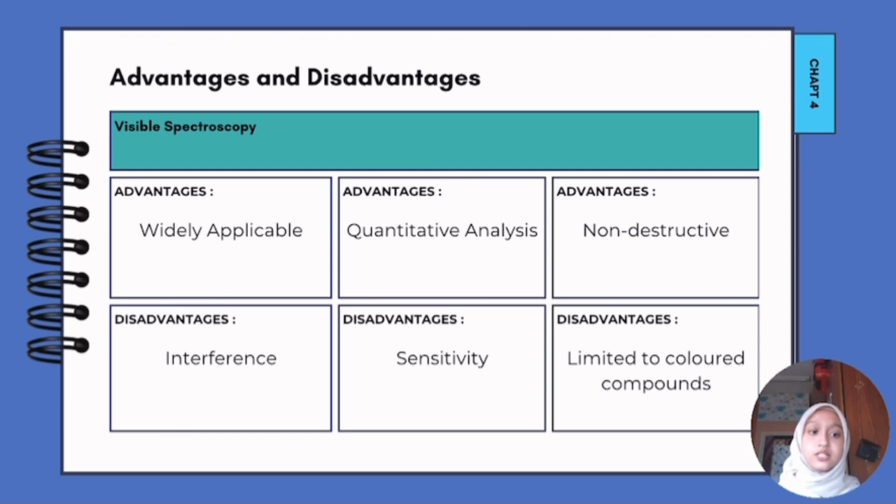It is generally less sensitive compared to other techniques like fluorescence spectroscopy, limiting its use in detecting very low concentrations of analytes. And the last one is that it is limited to colored compounds. Visible spectroscopy is effective only for compounds that absorb light in the visible spectrum, which typically correspond to colored substances.